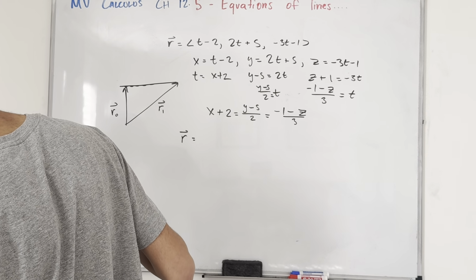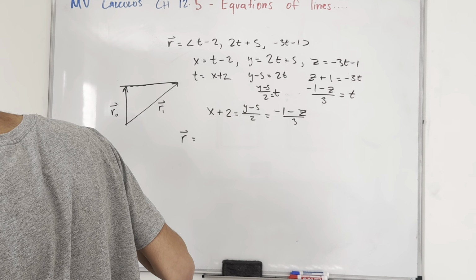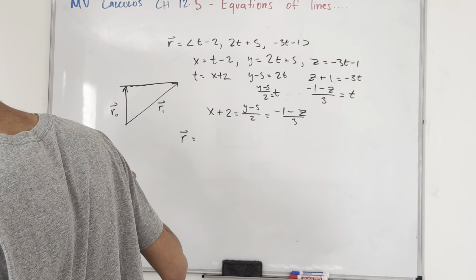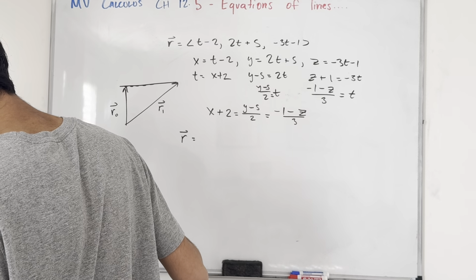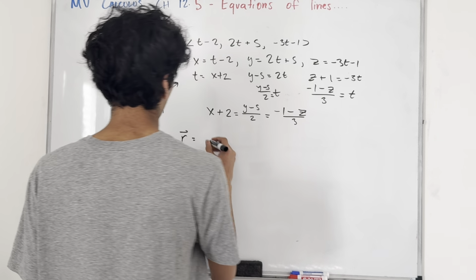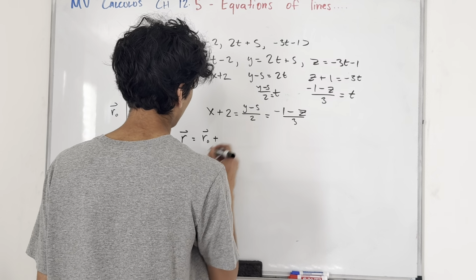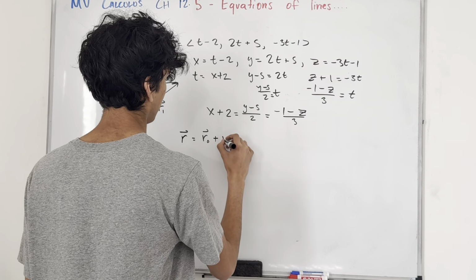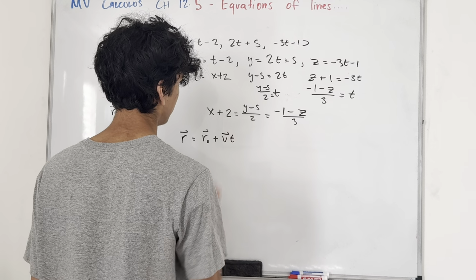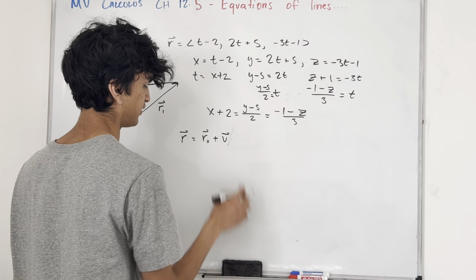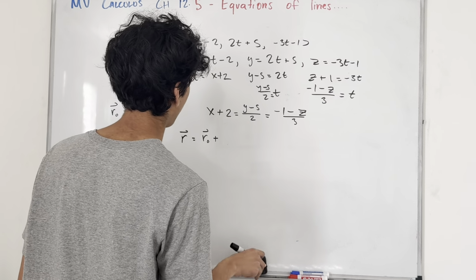I know my stuff, guys, I swear, I just forget sometimes. I just want to explain it properly. So I know that R is going to equal R initial plus the v vector times time. I think the proper notation is the scalar goes first, so I'll just follow that.